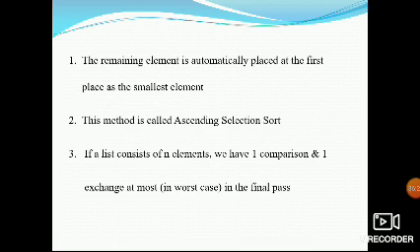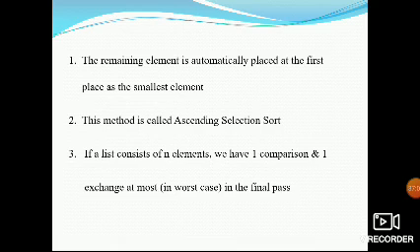In the first pass, the first smallest element is searched in the given list, and then it is exchanged with the first element only. The remaining elements are automatically placed, with the final place being the smallest one.